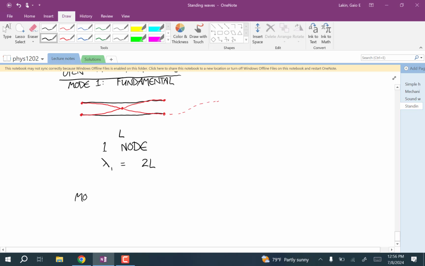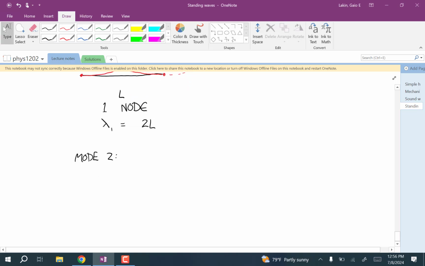What about the second mode? We still have the same pipe with a length L. We still have antinodes at the ends. But now we're going to have 2 nodes in between. And so this is going to go like this.